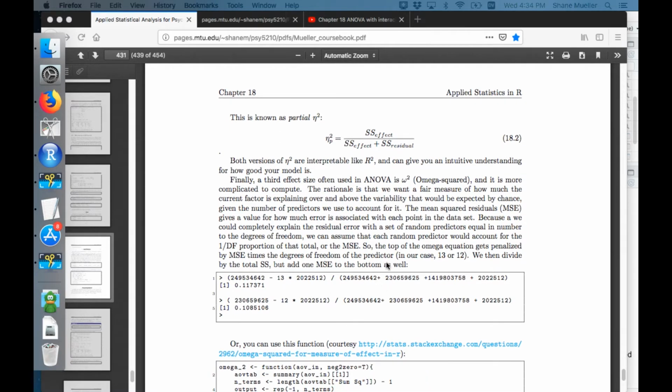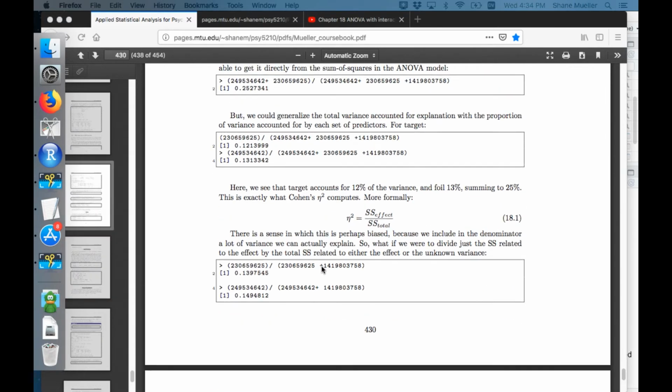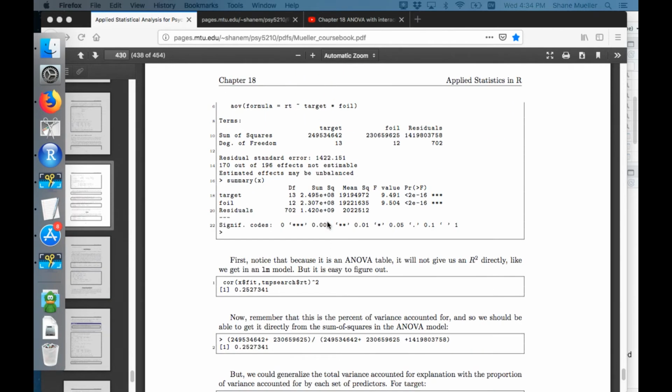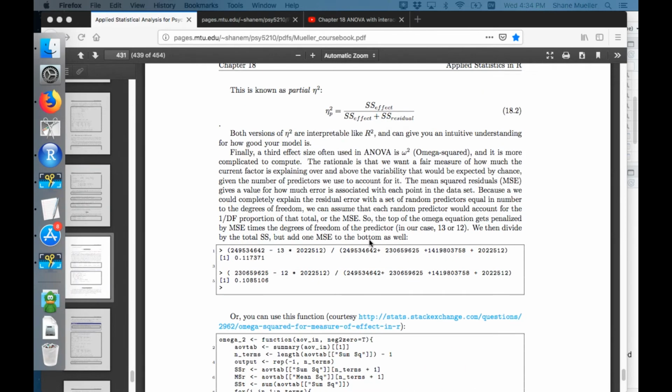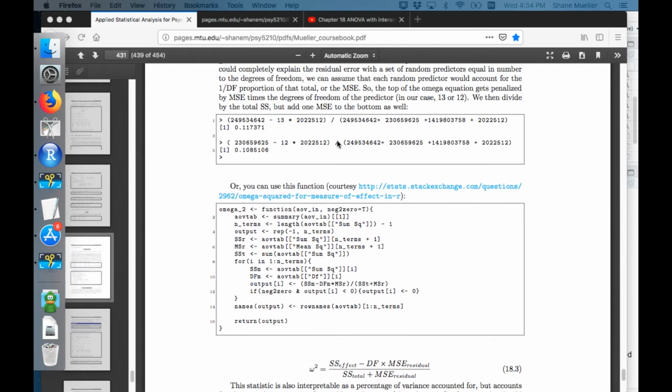And so, just like in adjusted R squared, you could have a negative value. It's a little more complicated to compute, but you take this and you subtract 13 times one of these values, and you divide by the total sum of all four of these parts.